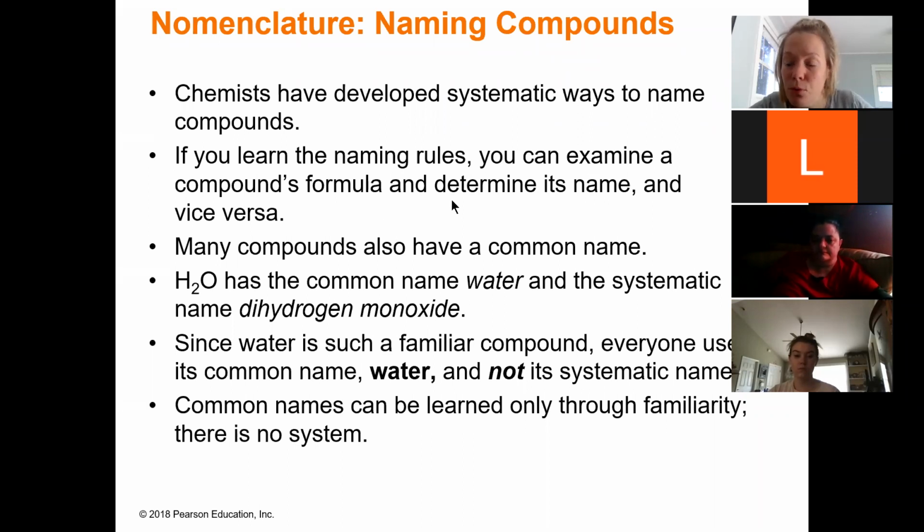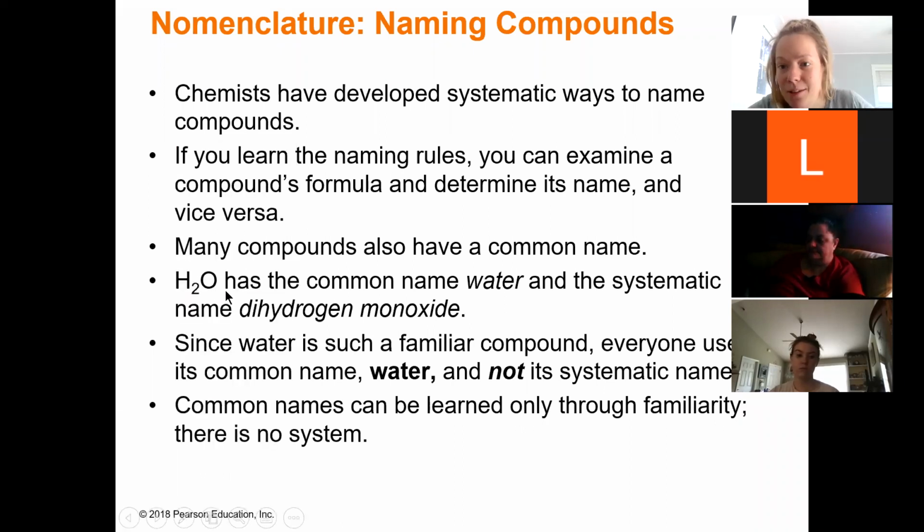And once you've learned the rules, you can name anything. Now, we're not going to do organic naming. We're just going to do inorganic, or things that don't have carbon, hydrogen, oxygen as their center focus. Now, do know that many compounds have common names. So H2O, its common name is water.